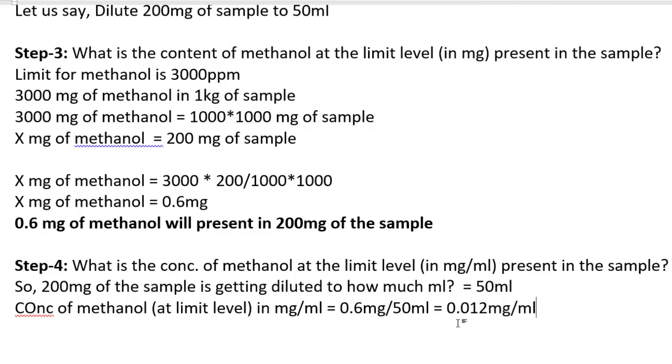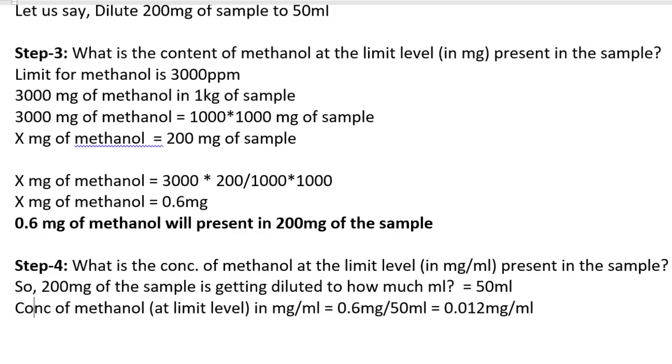So we got the concentration of methanol at the limit level, and that is 0.012 mg per ml. So the purpose of step number 4 is now completed.